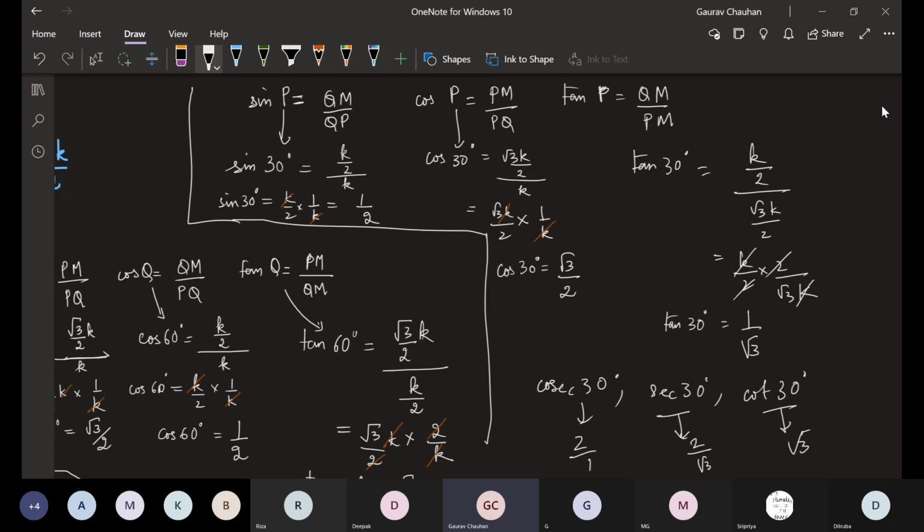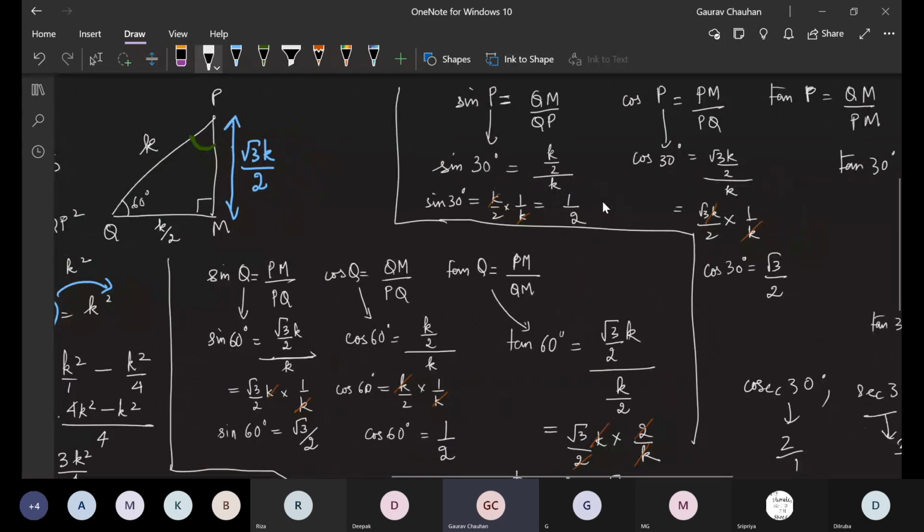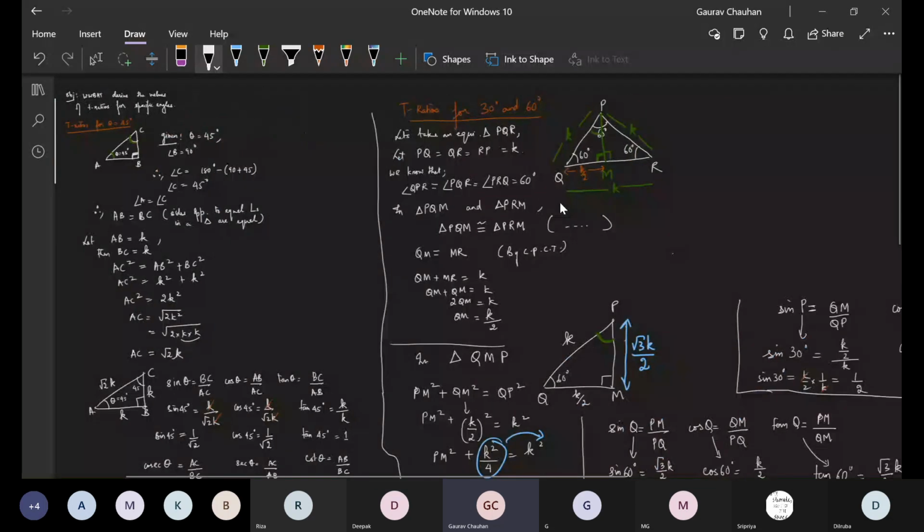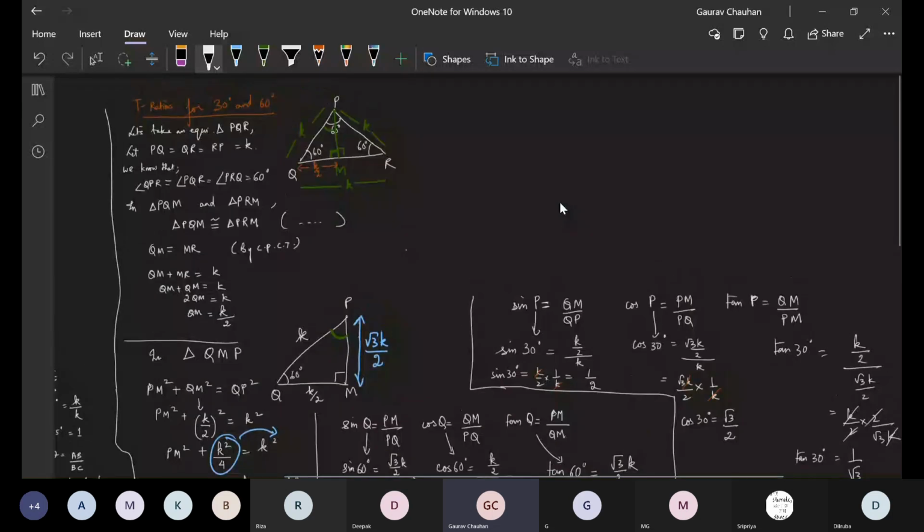Okay. So what we have done basically is we found a way to think of a right triangle where this is 60 degree. How did we find a way to think of that? We took an equilateral triangle and just dropped one perpendicular.